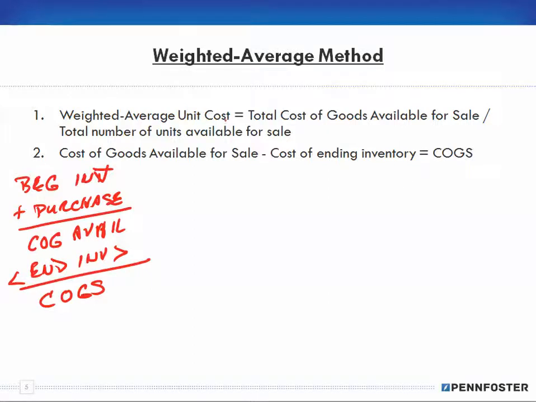But when you're doing the weighted average method, we're saying, okay, here's my total cost of goods available for sale, and I'm going to divide that by the number of units for sale.